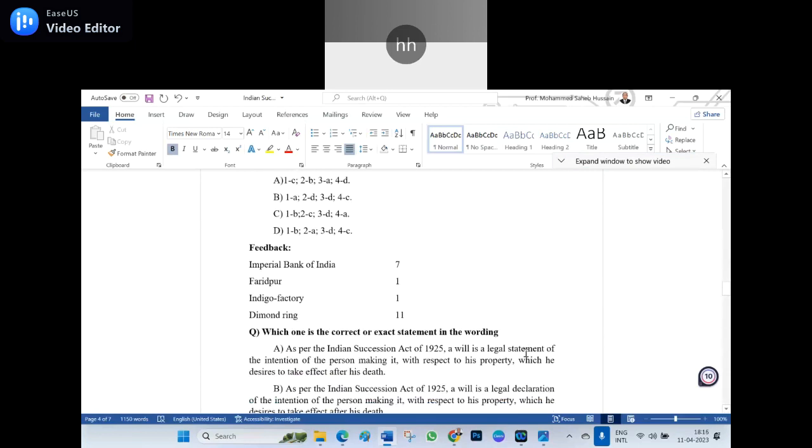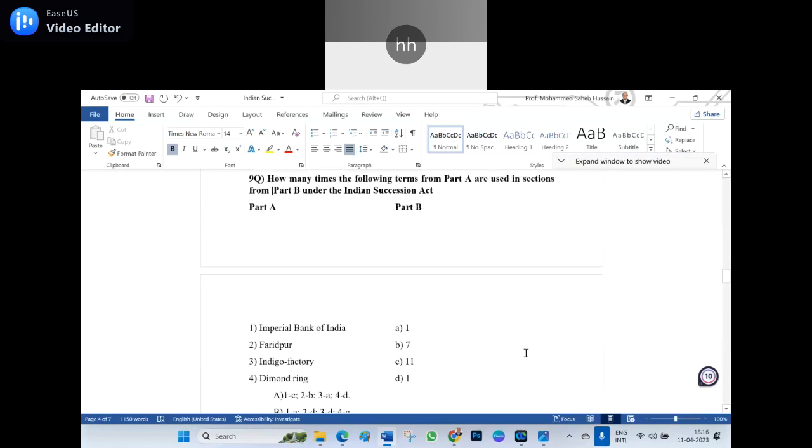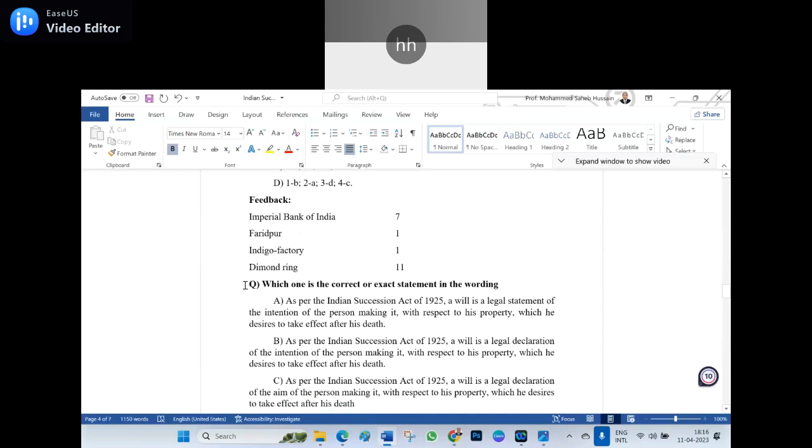Now, which one is the correct and exact statement in the wording? A. As per the Indian Succession Act 1925, a will is a legal statement of the intention of the person making it with respect to his property, which he desires to take effect after his death.